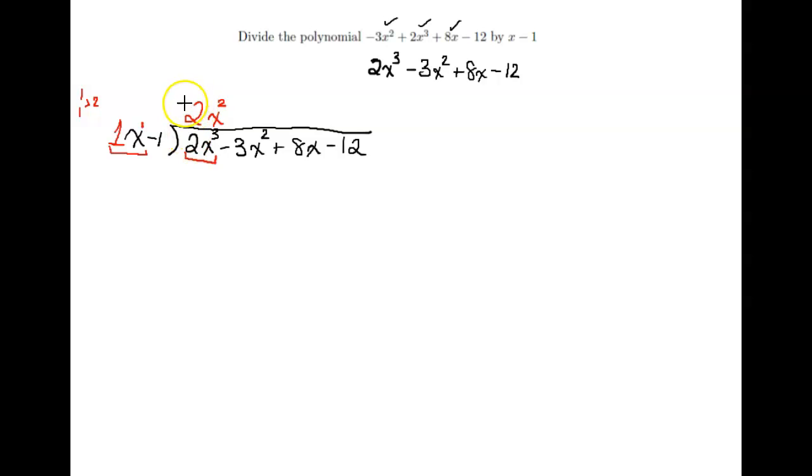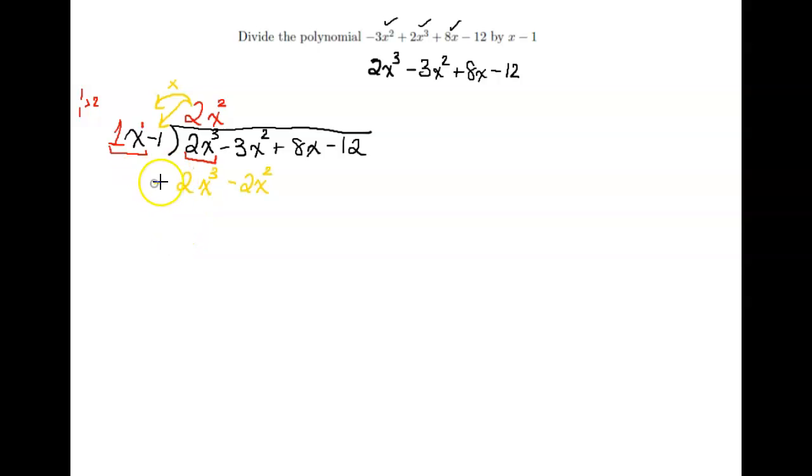Now, just like we did with dividing whole numbers, we're going to take this term and multiply it by both of these. 2 times 1 is 2, x squared times x gives me x^3, but I've got more to this, right? I've still got that negative 1 here. So 2x squared times negative 1 gives me negative 2x squared.